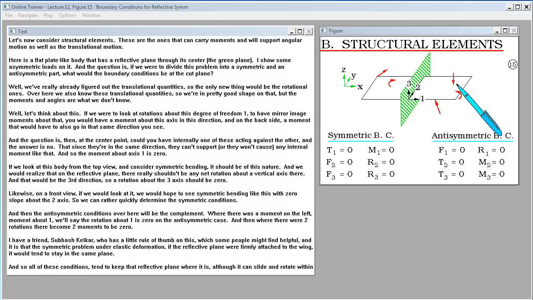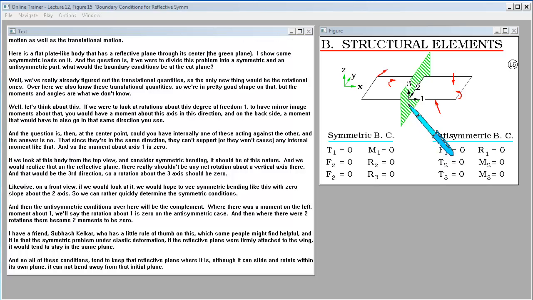I show some asymmetric loads on it, and the question is, if we were to divide this problem into a symmetric and an anti-symmetric part, what would the boundary conditions be at the cut plane? Well, we've really already figured out the translational quantities, so the only new thing would be the rotational ones. Over here we also know these translational quantities, so we're in pretty good shape on that, but the moments and angles are what we don't know.